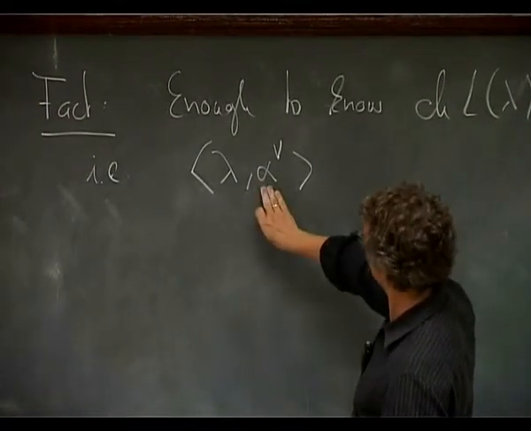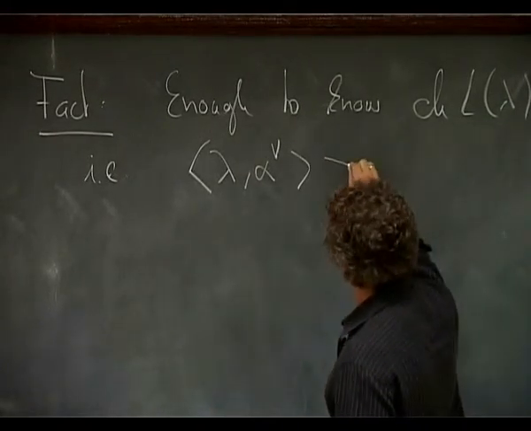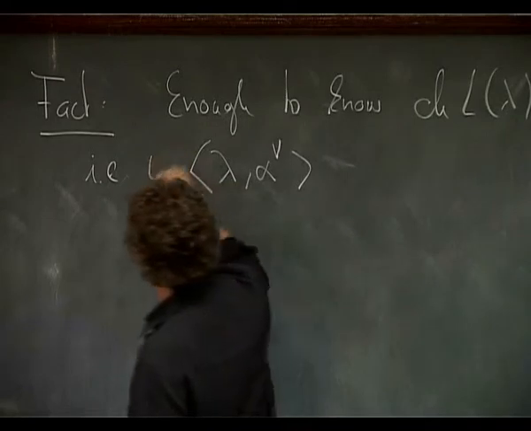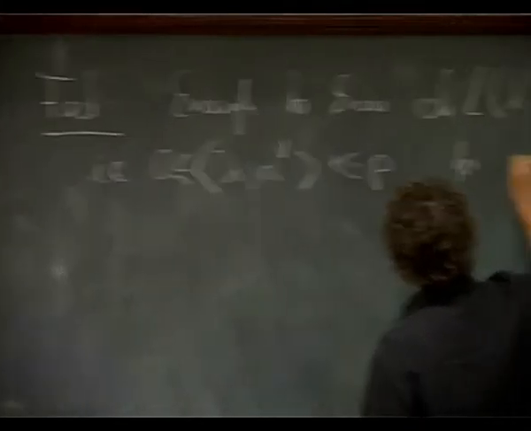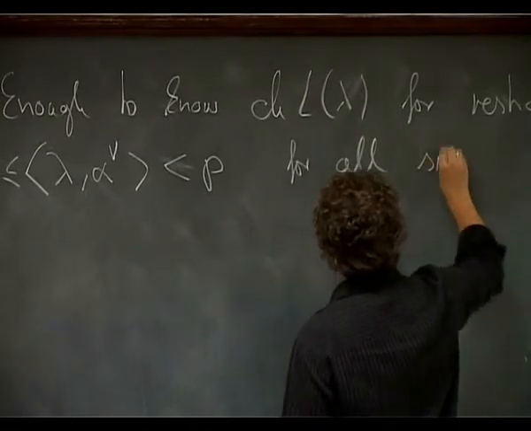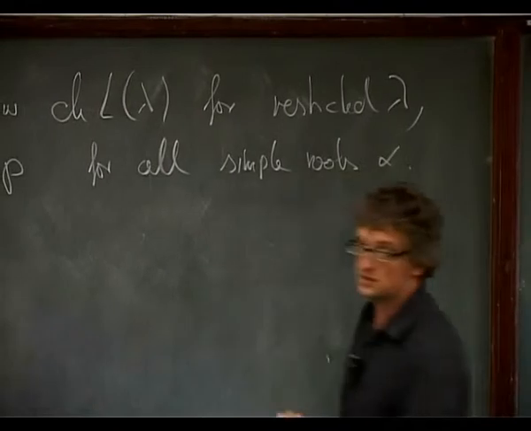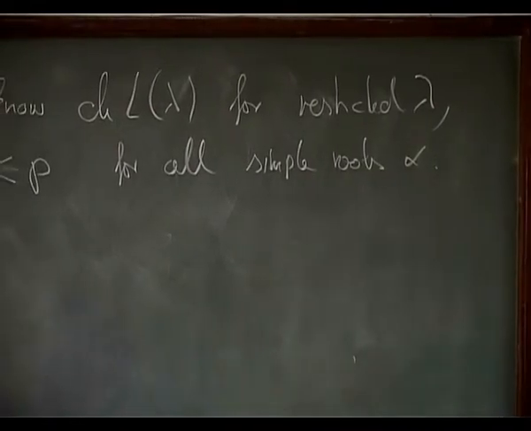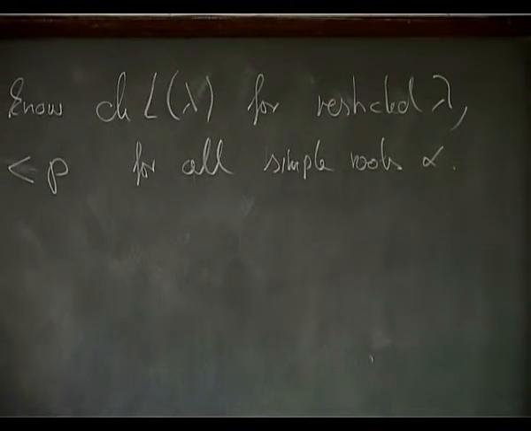Lambda evaluated at a coroot alpha check should be positive. That is the dominance condition, but it should be smaller than p for all simple roots alpha. So this is a condition which comes from the underlying root system of the group. Anyway, there's only finitely many lambda that are restricted.